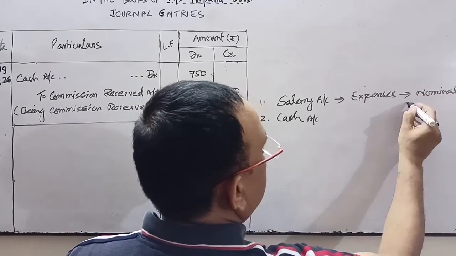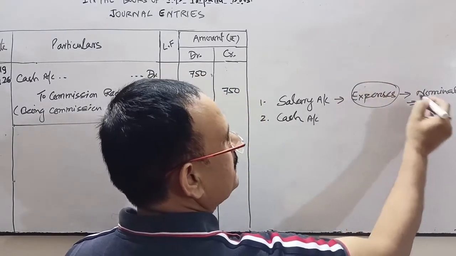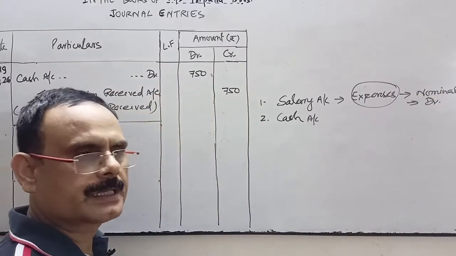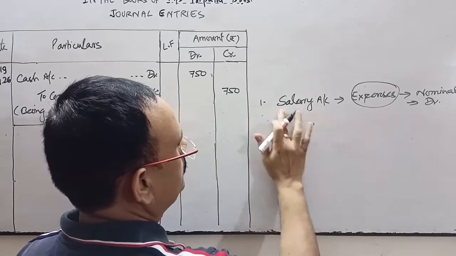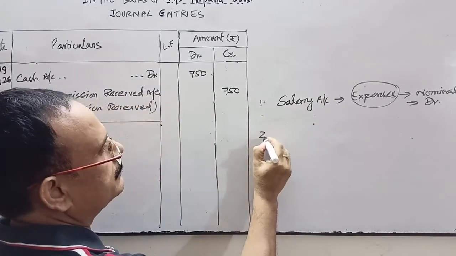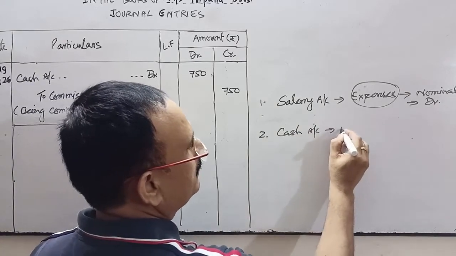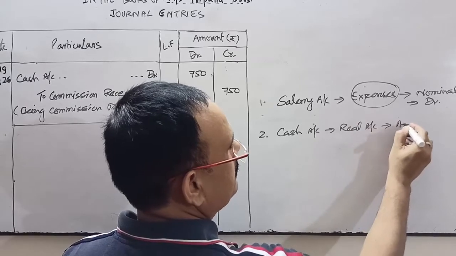And under the nominal account, you know it, all expenses and losses are debited. Second is cash account. Cash account comes under real account. It's an asset.